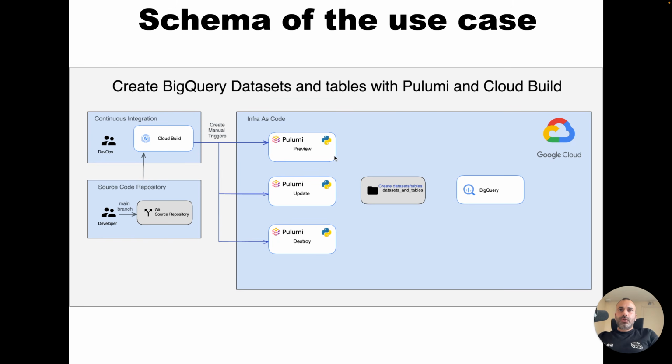We showed how to launch it from our local machine and shell session with the Pulumi SDK and CLI, and how to launch it in a CI and serverless tool like Cloud Build in Google Cloud.